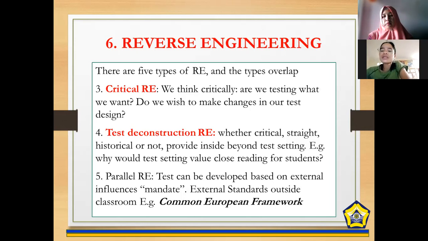Reverse engineering, whether critical, straight, historical or not, provides insight into the testing setting. For example, why would the test setter ask for close reading from the student? And number 5, parallel reverse engineering. This means tests can be developed based on external influences like mandates or external standards outside the classroom, for example, the Common European Framework. So next.